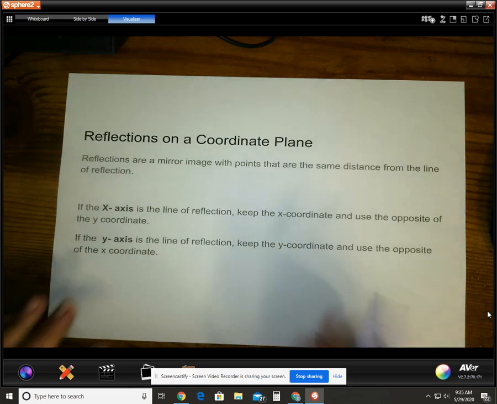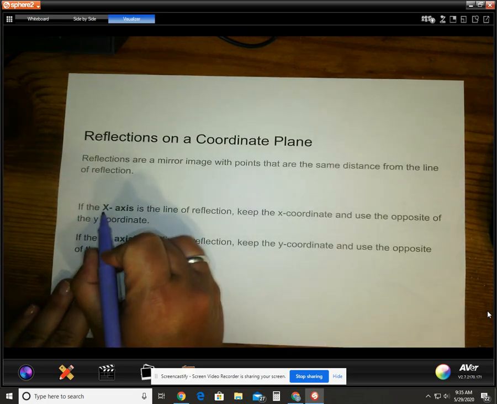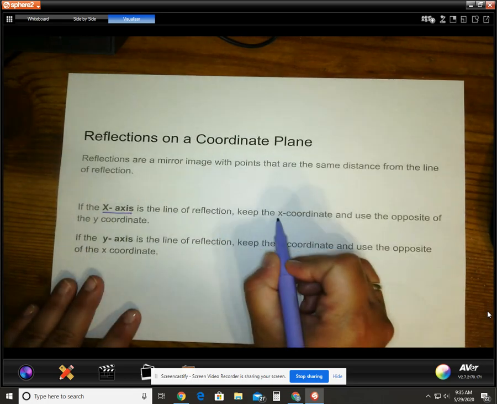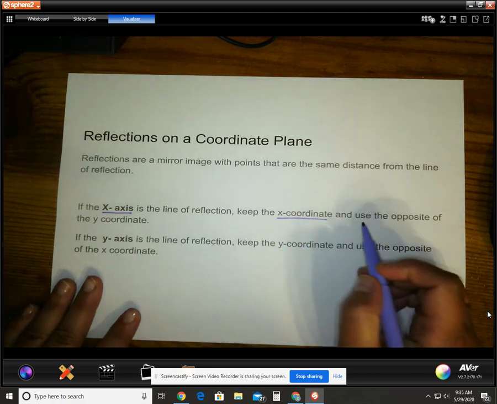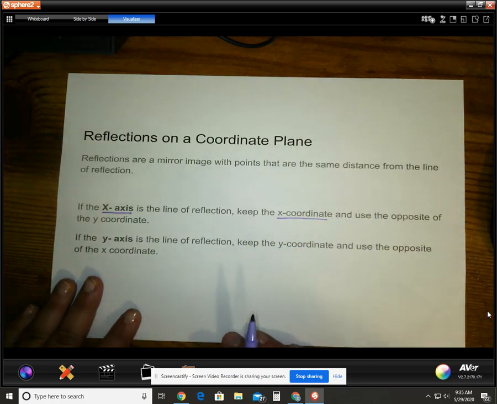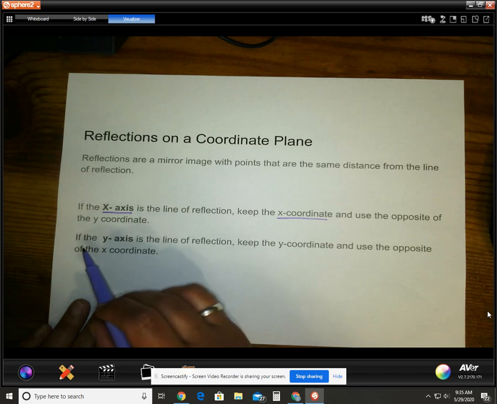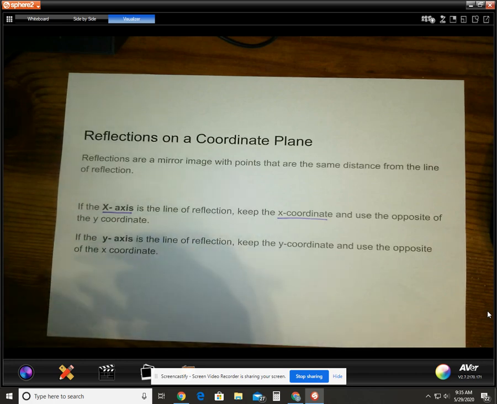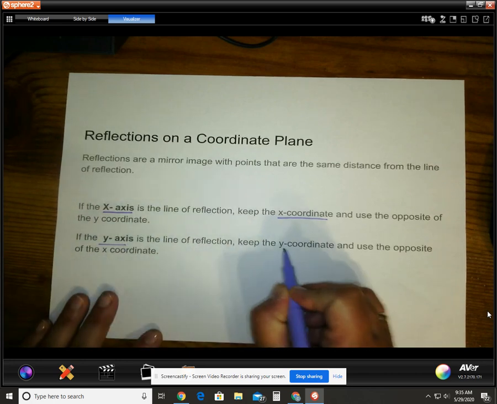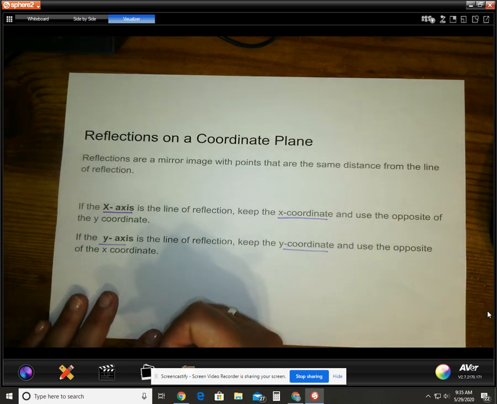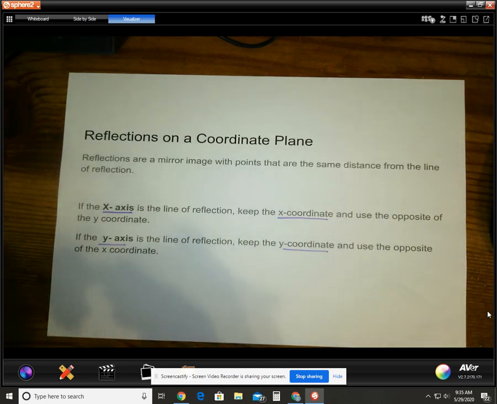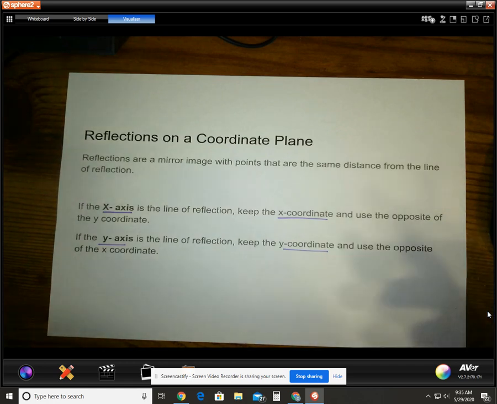So when the problem says, hey, reflect it over the x-axis, they're telling you keep the x, right? And we're going to use the opposite y-coordinate. If the y-axis is the line of reflection, we're going to keep the y-coordinate and use the opposite x, okay?